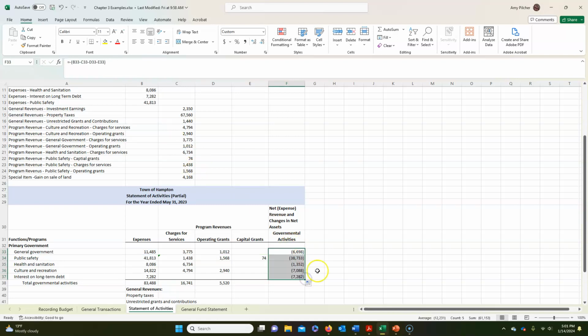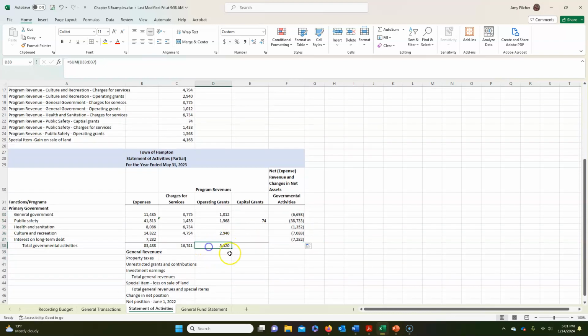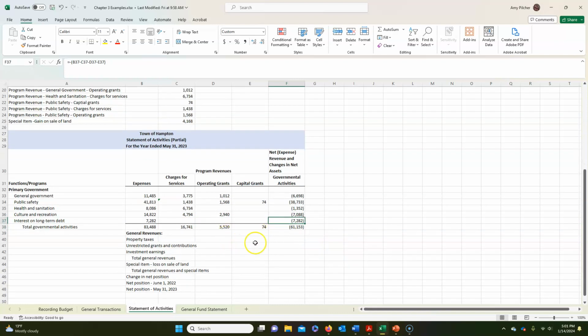So now we have the results. We see that we had more expenses than program revenues. Now we're going to look at what our general revenues are, and if we have a positive change, we can see that our program expenses were more than just program revenues.